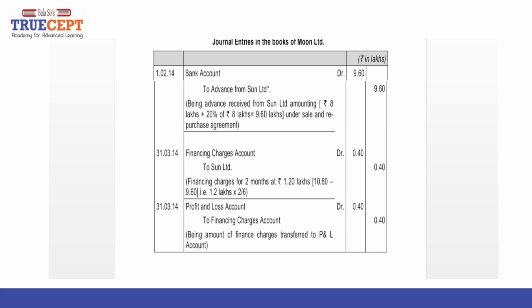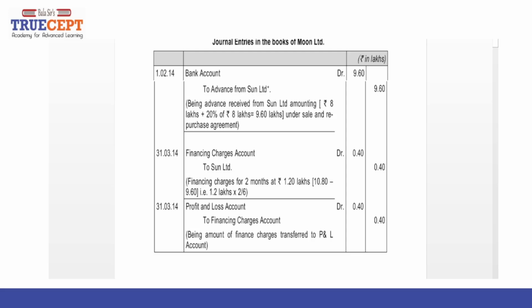Therefore, please remember guys, in your balance sheet, on 31st March 2014, you will show the inventory rupees 8 lakh, but you should disclose the fact that this inventory has been hypothecated. Is that fine? Yes, sir.